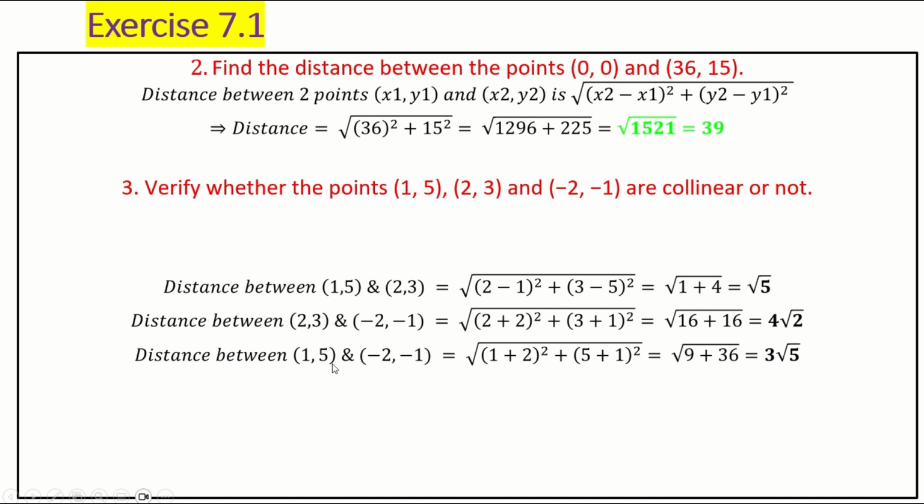And the distance between (1, 5) and (minus 2, minus 1) is 3 square root of 5. So summing up any two of them, will we get the third side? Definitely not. We will not get the same.